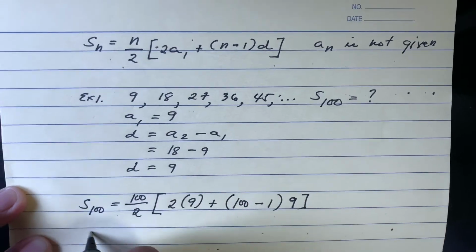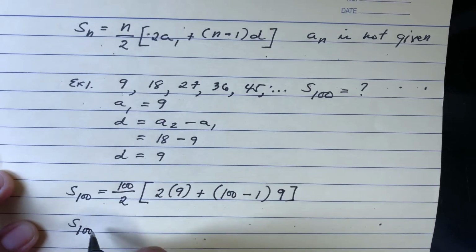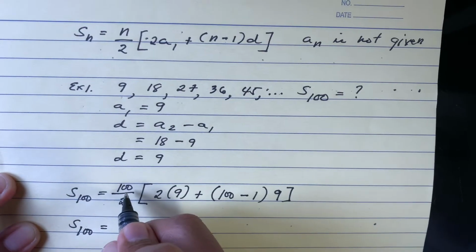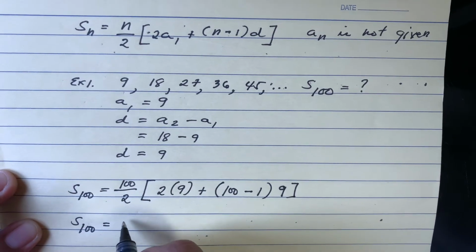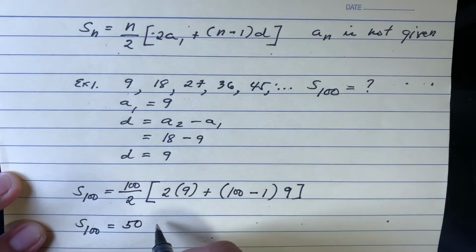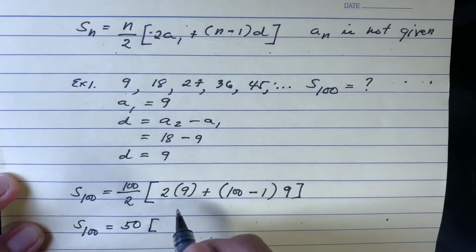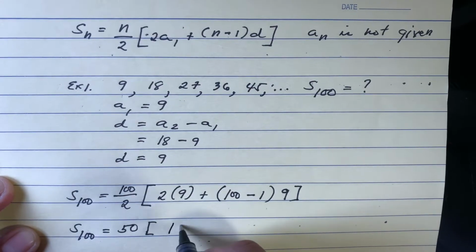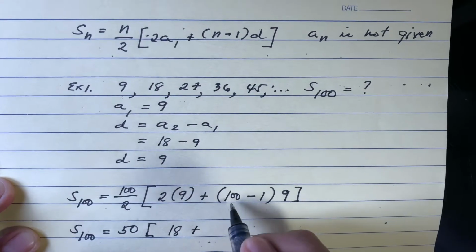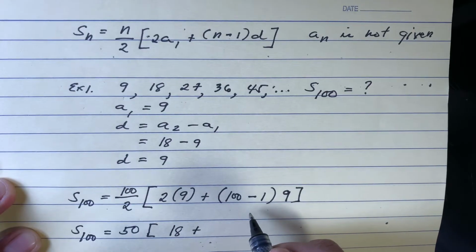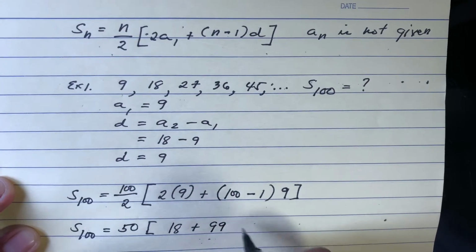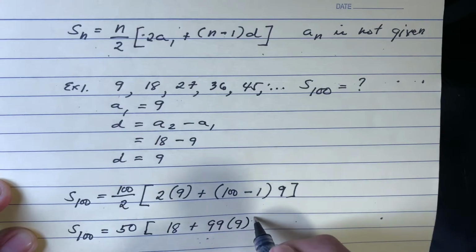Now, let us simplify. S sub 100 is equal to 100 divided by 2, which is equal to 50. Then, by using MDAS, remember, 2 times 9, we have 18, plus 100 minus 1, which is equal to 99, multiplied by 9.